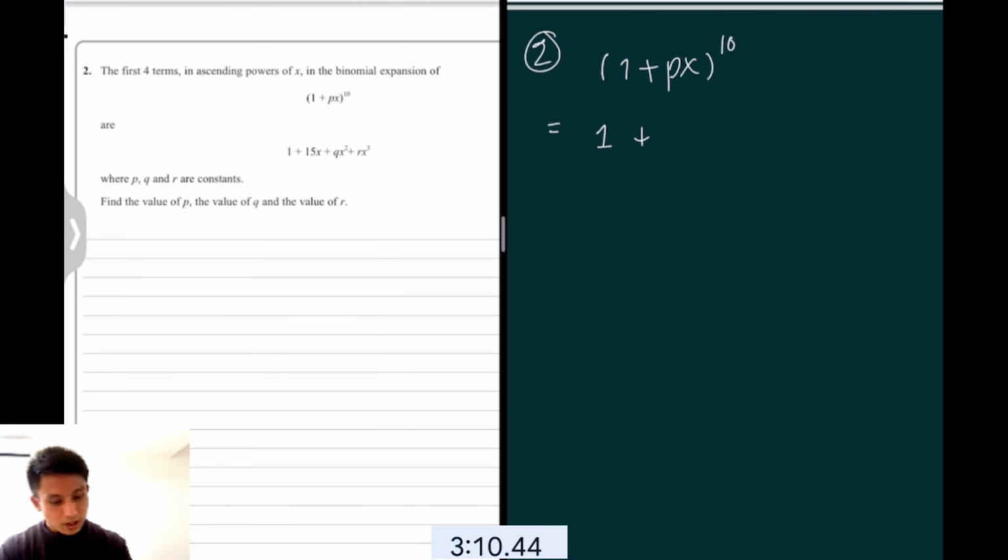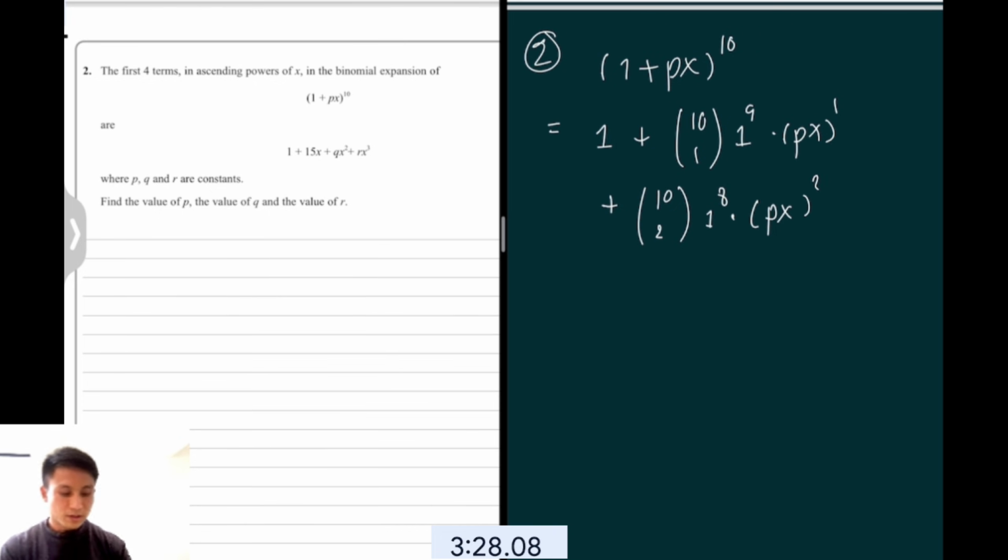The second term would be 10C1, 1 to the power of 9, px to the power of 1, plus 10C2, 1 to the power of 8, px to the power of 2. I know 1 to the power of anything is 1, but we just write it down to get some working marks. And then the last one, 10C3, 1 to the power of 7, times px to the power of 3. And that would be it.